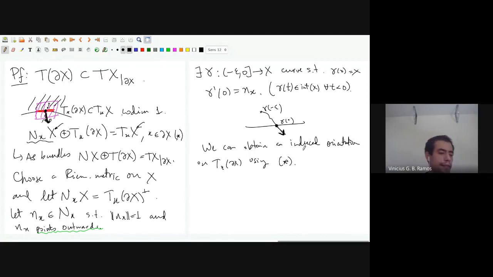Let me explain this, because we're going to do a similar process a few times. How does it work? It's basically the following.